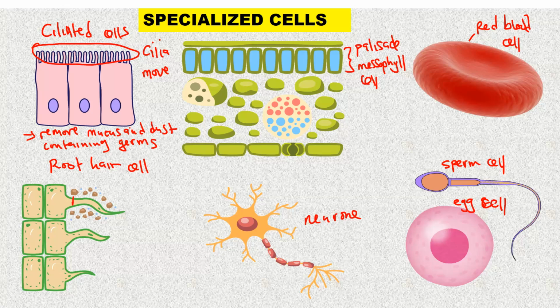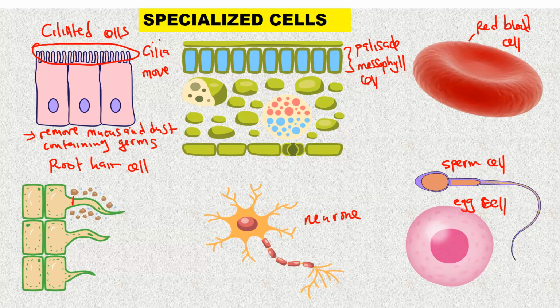So the cilia are able to move or beat just to sweep out mucus containing dust and germs in the respiratory tract. In the oviduct, they beat so that they push the ovum from the ovaries.